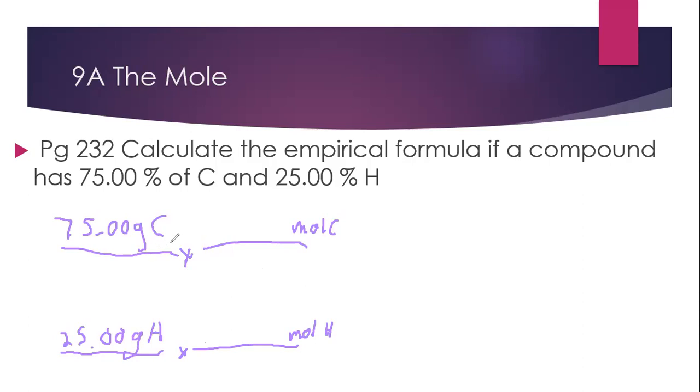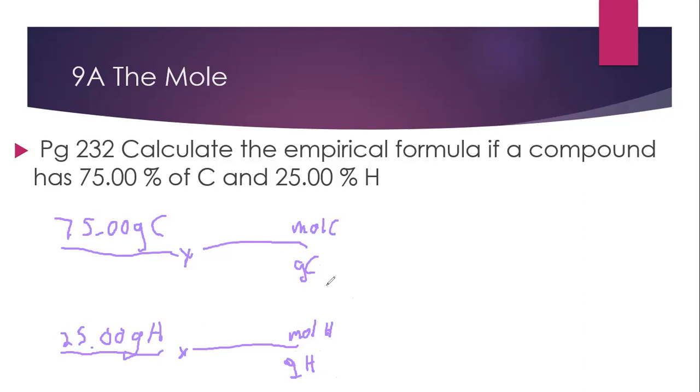Okay, now we're matching units to the bottom. So we've got grams of carbon and grams of hydrogen. Now where do we find the mass of carbon? Where do we find the mass of hydrogen? From the periodic table.